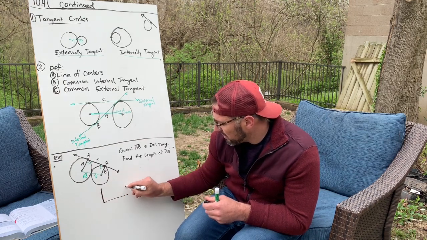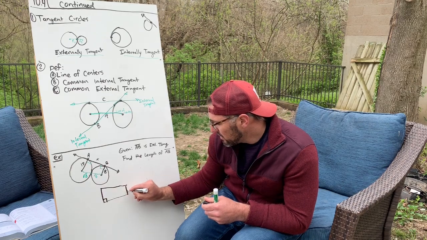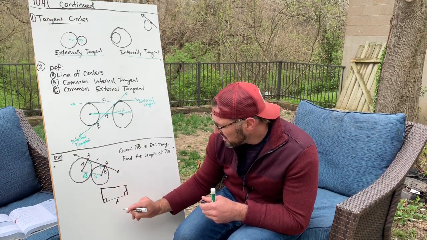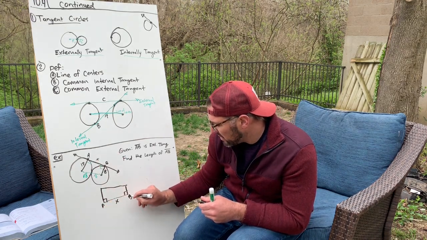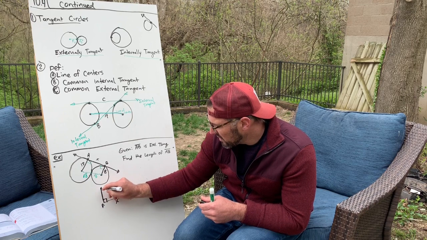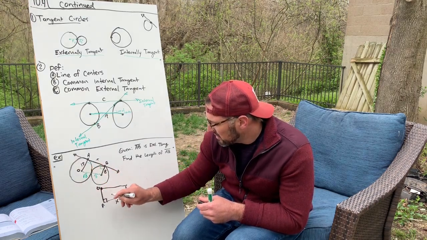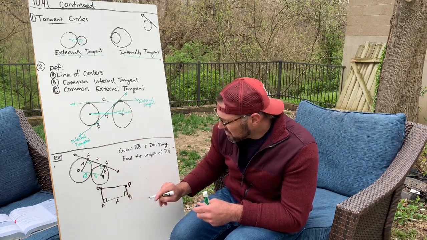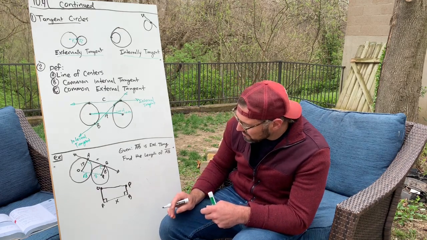Maybe we'll flip it. There we go. So basically, I'm drawing this shape for you. This is X. The longer side has A, so this would be A, this would be B. This would be the center of that circle, let's call it O. This would be the center of that circle, let's call it P. Just flipping it so you can see more clearly what's going on here.